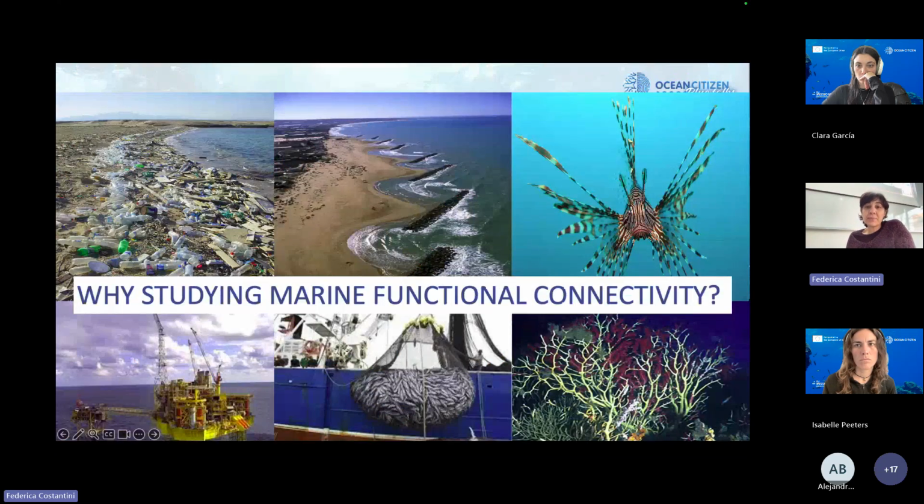But why is it so important to study marine functional connectivity? Because several human-related stressors, both direct and indirect, are fragmenting marine habitats and in extreme cases even causing habitat loss. This reduces the opportunity for species to move, to disperse, and to encounter mates for reproduction.